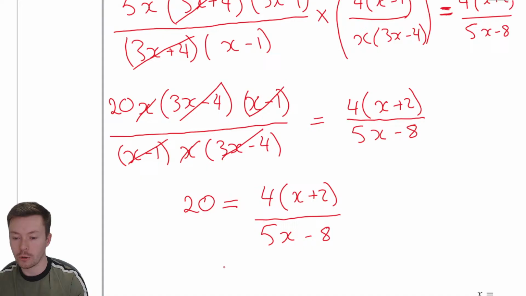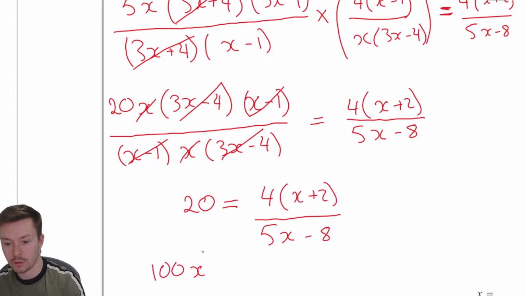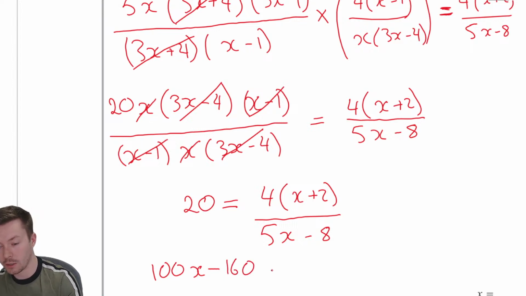What I'm going to do now is times by the denominator. So I get 20 times 5x, which is going to be 100x. 20 times minus 8, should be able to do it in my head, but I'm going to use a calculator just to be sure. So minus 160. That's equal to 4 lots of x plus 2.